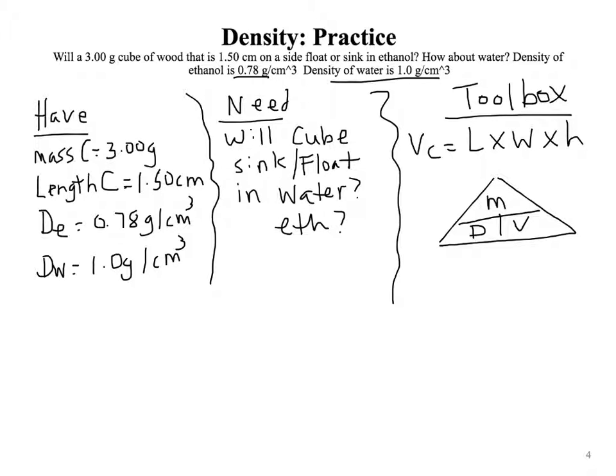If the density of the cube is greater than the density of my liquid, the cube will sink. If the density of the cube is less than the density of the liquid, my cube will float. So my game plan is first to figure out the density of the cube.